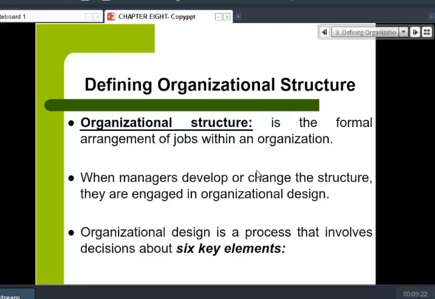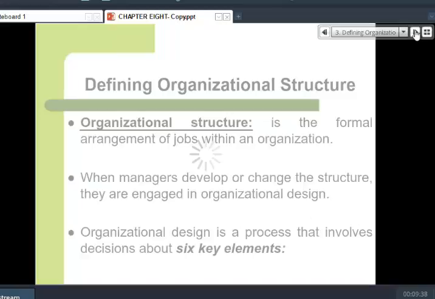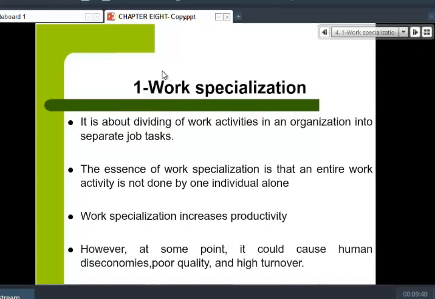So the organizational design is a process that involves decisions about 6 key elements. What are the 6 key elements in the process? The first one is work specialization.